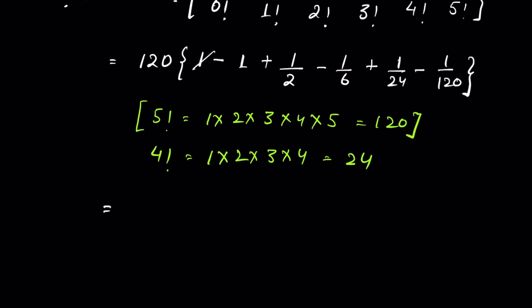We can cancel this 1 and 1. Now let's take out the LCM. The largest number is 120 and 120 is divisible by all these numbers. So LCM will be 120.